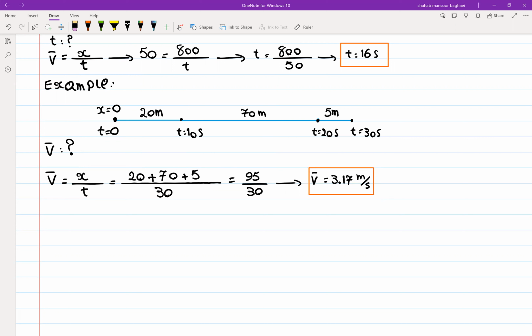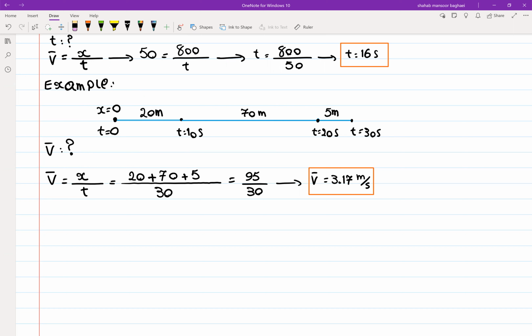Okay, in other words, the average velocity for the whole motion is 3.17 meters per second, which is an approximation. Of course, it is not the real velocity for each second. Maybe you have a different velocity for each second, but in general form, you have an average number for the velocity, that's 3.17, and it is used frequently for having an estimation.